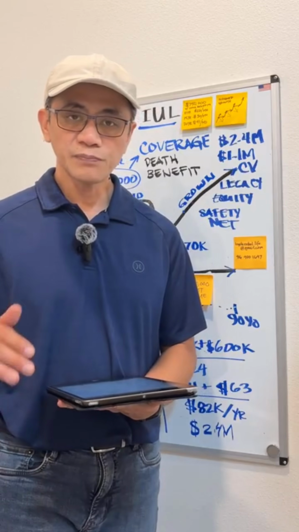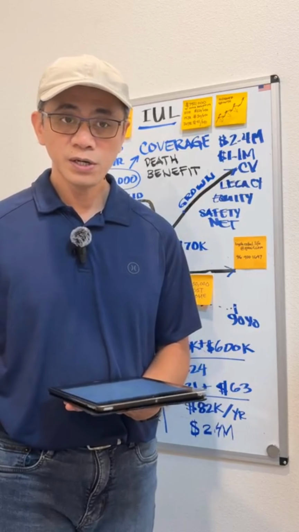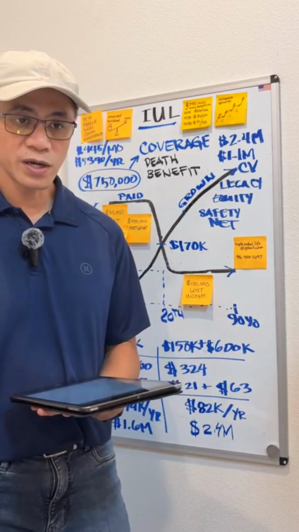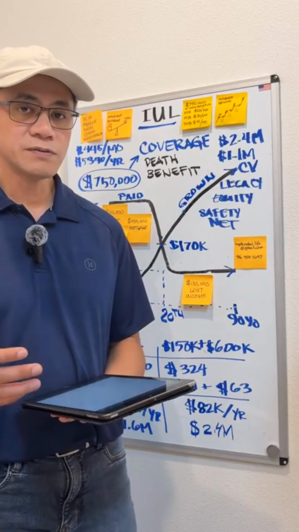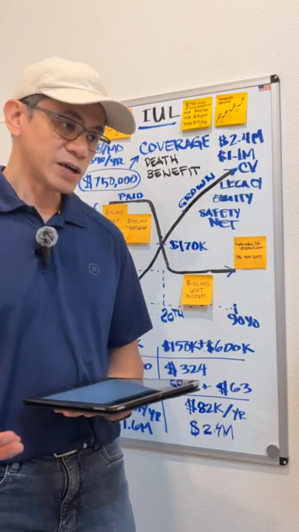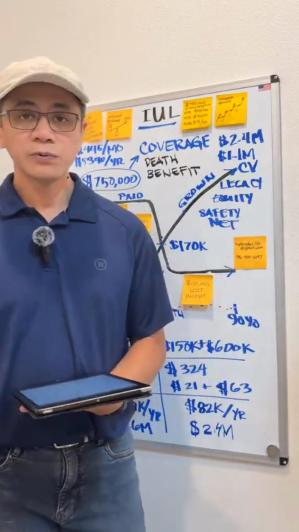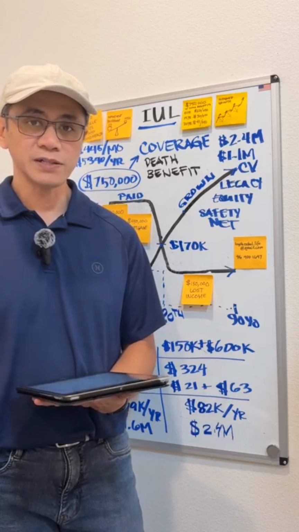We plug in the cap, for example, and the floor, and we let it check the survivability of the policy. For example, will it survive until age 100? Will it survive until age 121? And then we also look at the ranges of the possible cash values.